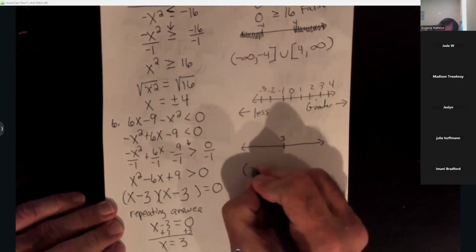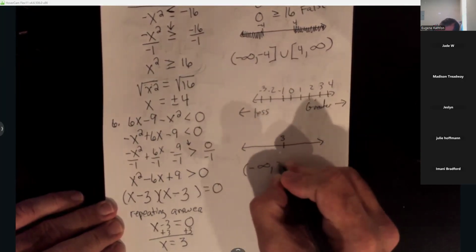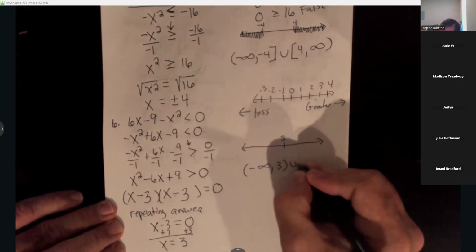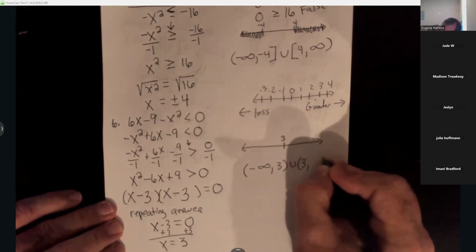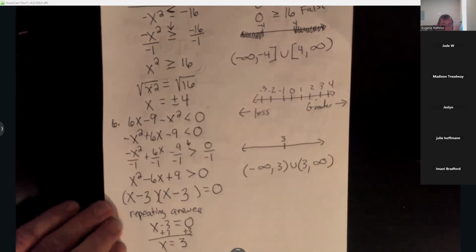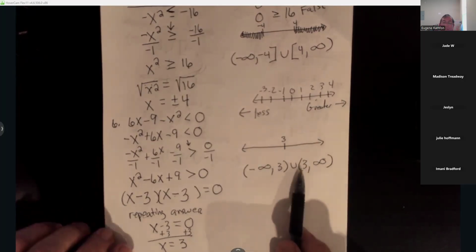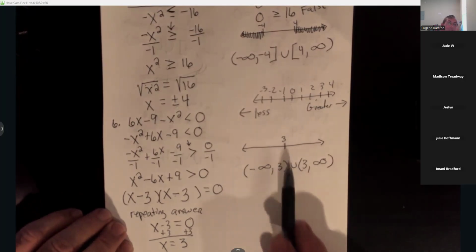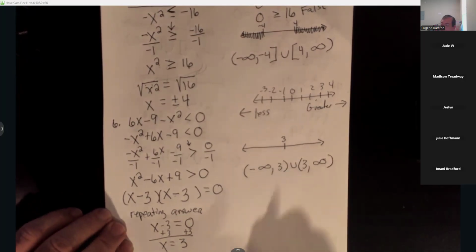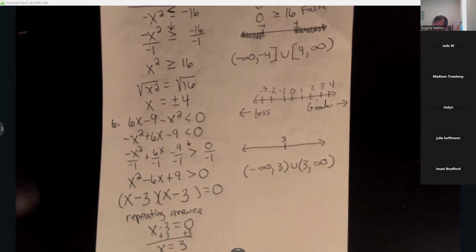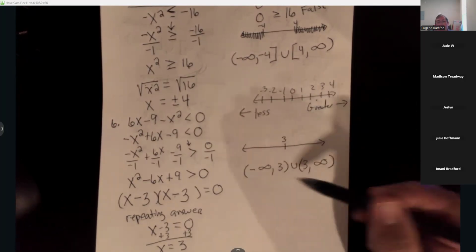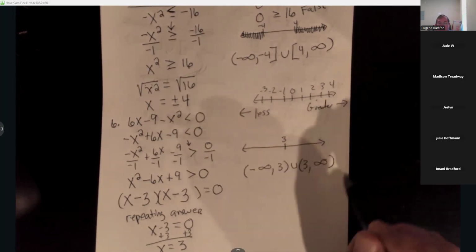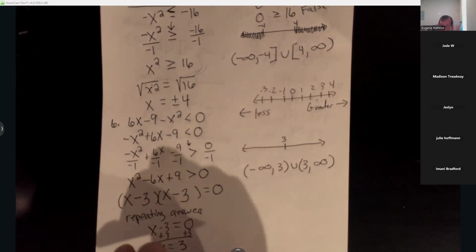So you're going to go from negative infinity to that number, union, from that number to positive infinity. And this will always be curvy parentheses on this one, okay? All right, so that was the example of the repeating answer, and that's the only answer you had to exclude on it. So y'all, we got one more of these.